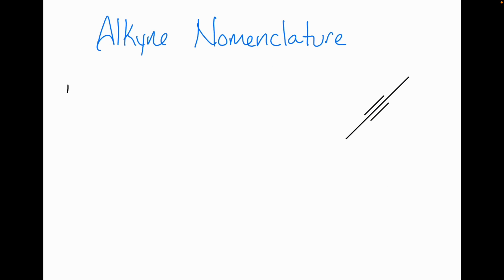All right, so step 1, we're going to find and name that parent chain. All right, our big sort of addition here that we need to make is that alkynes have a new suffix that we're going to stick at the end of our name. And that is YNE.